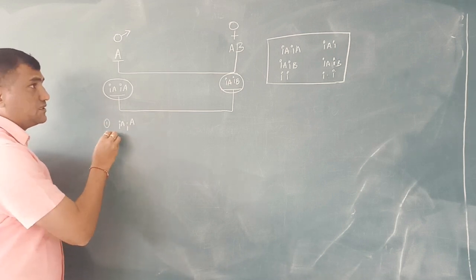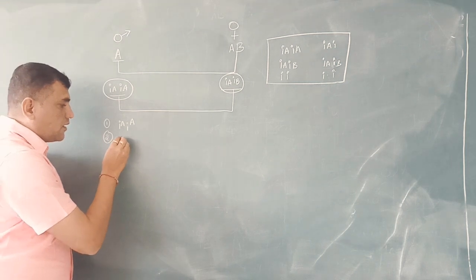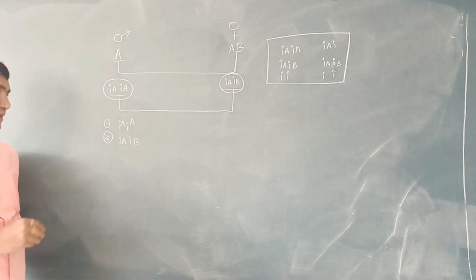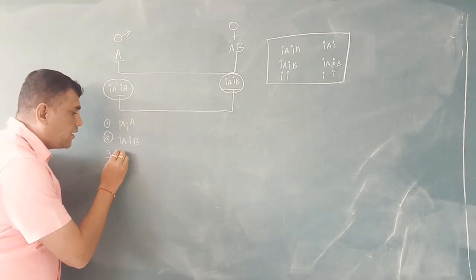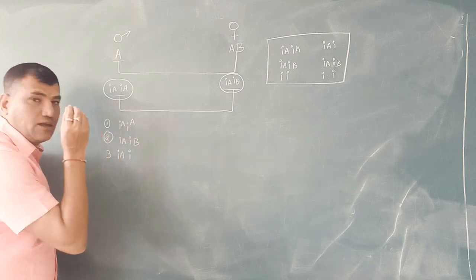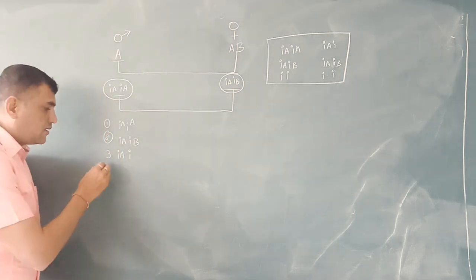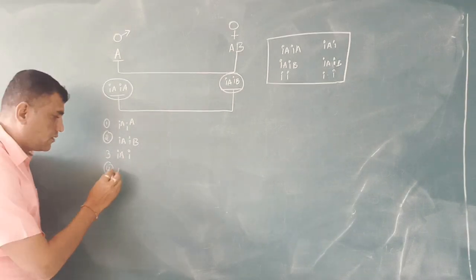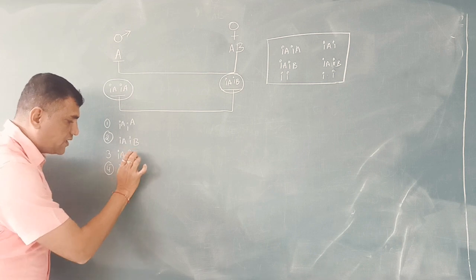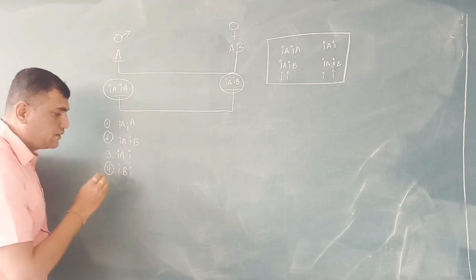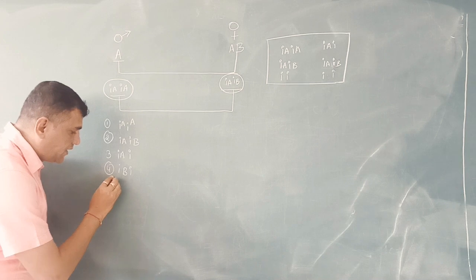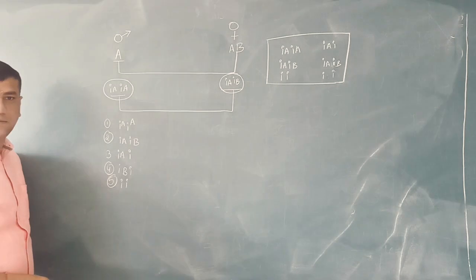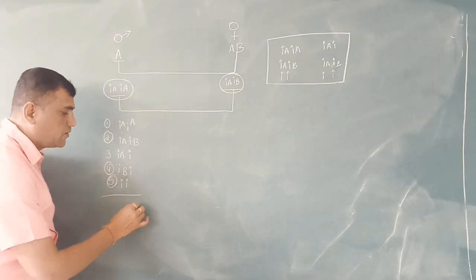The second possibility is IB. Third possibility is IAi. The fourth possibility is IBi. Fifth possibility is ii, meaning nothing but O group.